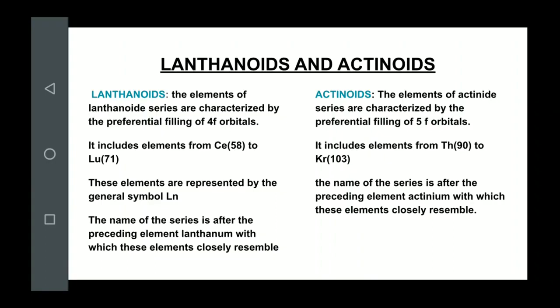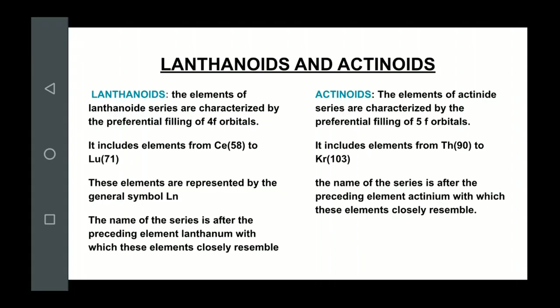In the same way, we can describe actinoids as the elements characterized by the preferential filling of 5f orbitals. It includes elements from thorium 90 to lawrencium 103.